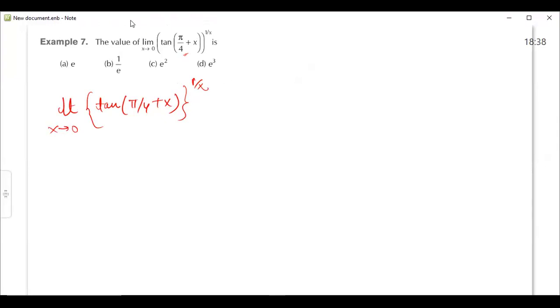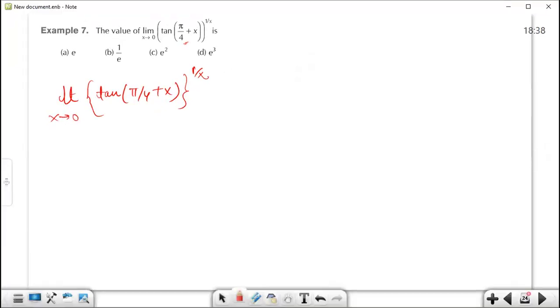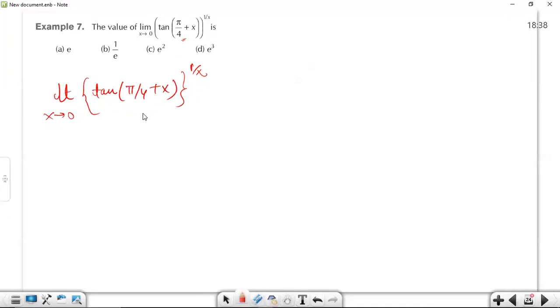Now, first of all, if we simply substitute the value x equals 0, it is not going to work because it will be equal to 1 raised to power infinity, because 1 by 0 is infinity, right?